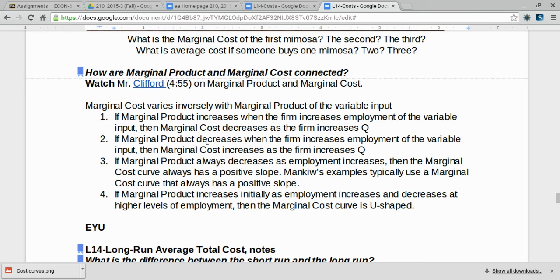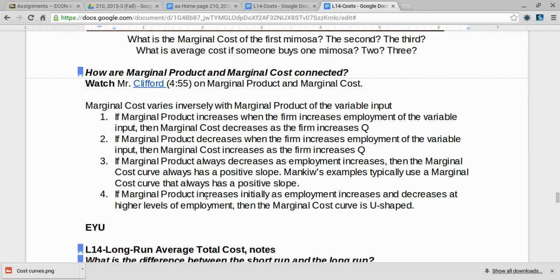If marginal product decreases when the firm increases employment of the variable input, then marginal cost increases as the firm increases output. If marginal product always decreases as employment increases, then the marginal cost curve always has a positive slope. The examples in many textbooks typically use a marginal cost curve that always has a positive slope.